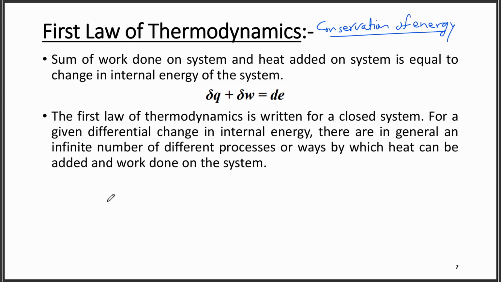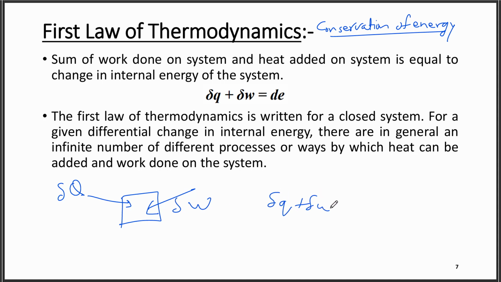So let's say there is one system and we are doing some work on it and we are adding some heat. Del Q is heat and del W is work. So the sum of del Q and del W will be equal to the change in internal energy of the system.